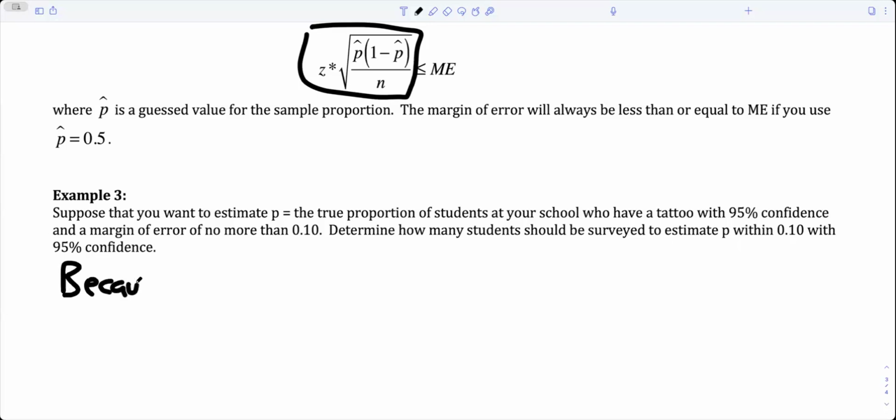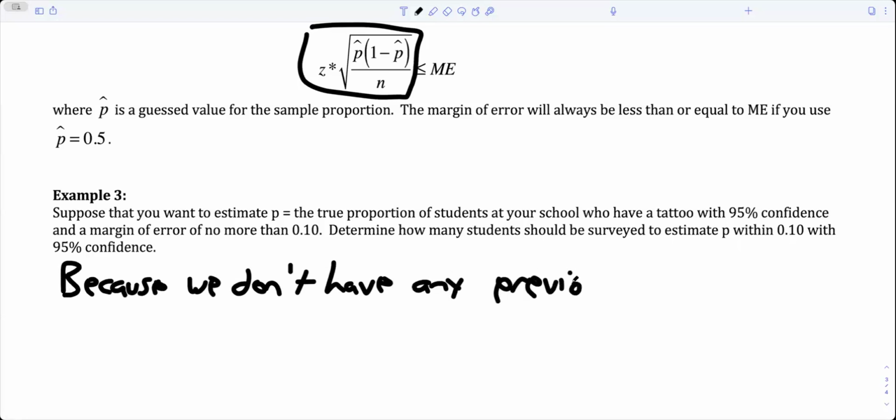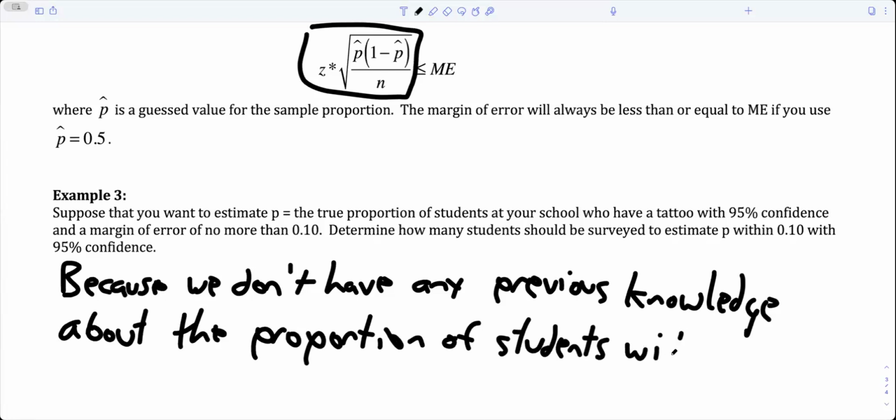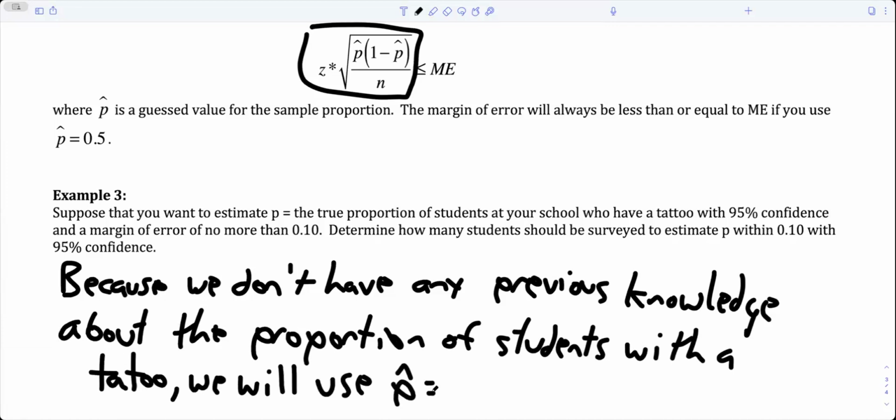And so I'm going to say, because we don't have any previous knowledge about the proportion of students with a tattoo, we will use P hat equal to 0.5 to estimate the sample size.